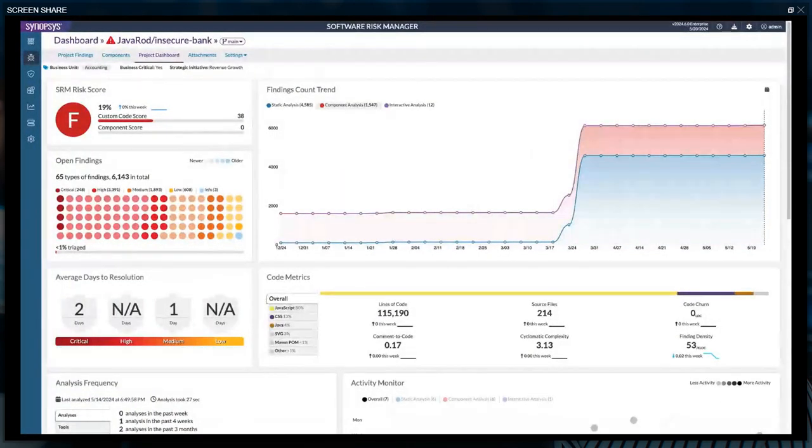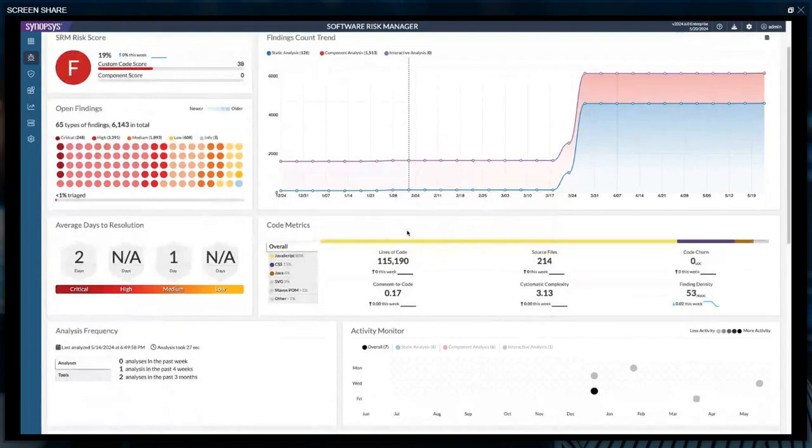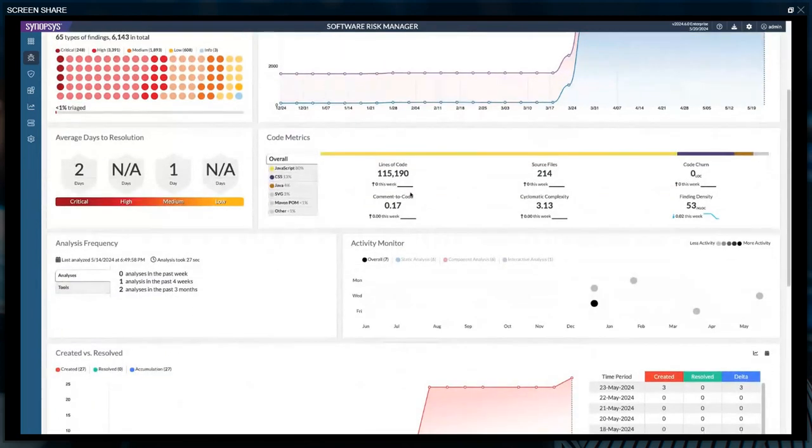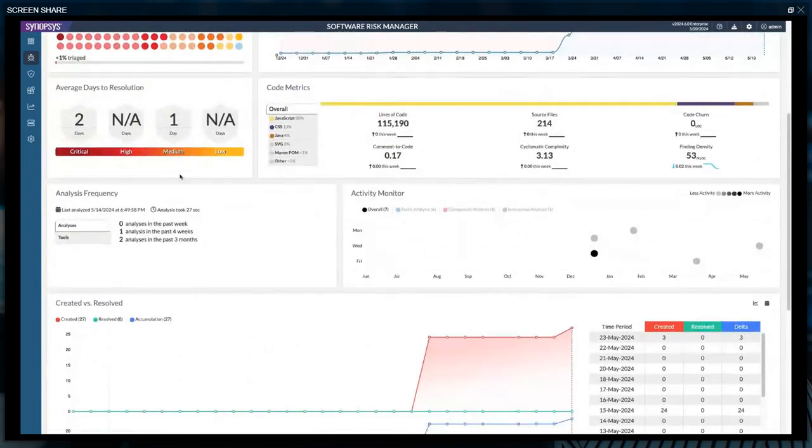It gives you a very comprehensive view of the distribution of criticality across your findings, statistics like average days to resolution, the trend of counts over time, broken up by the type of analysis that you're doing, metrics about your code. Remember how we talked earlier about validating: are you doing the analysis on the schedule that you think?